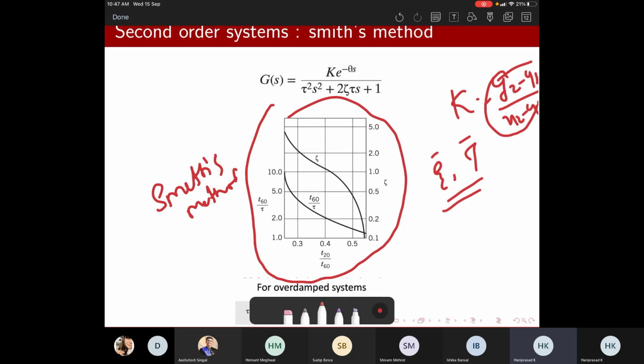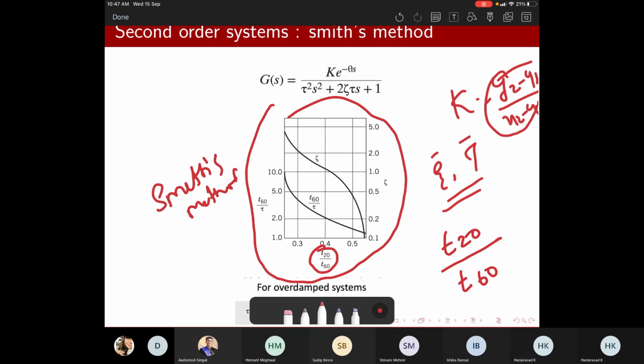You compute the point when the overall process becomes 20%, which you call T20, and also when the process becomes 60% of the total value, which is known as T60. You compute the ratio of T20 and T60. So your x-axis is the ratio of T20 and T60, and let's say that value is 0.4.